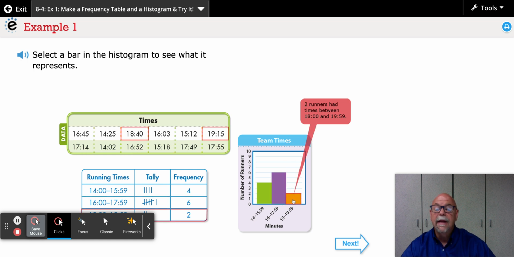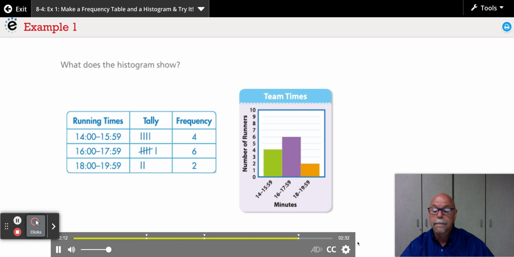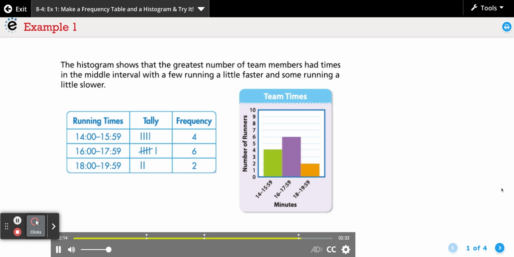And then finally, 2 runners down in the lower range of the time that it took to run. I think this was a 2-mile race. The histogram shows that the greatest number of team members had times in the middle interval, with a few running a little faster and some running a little slower.